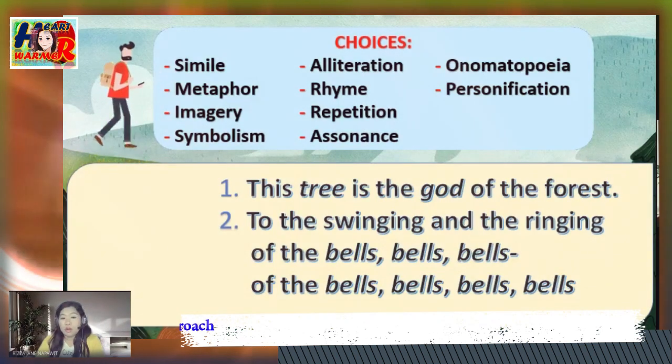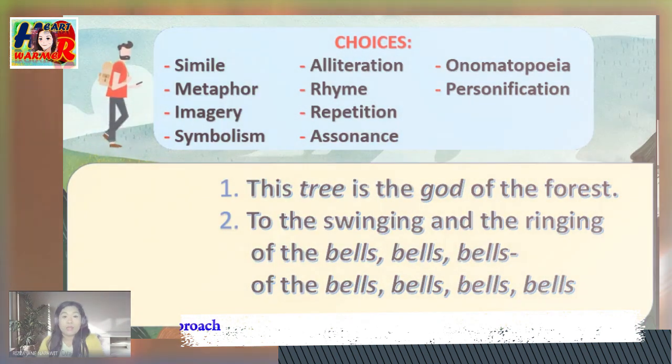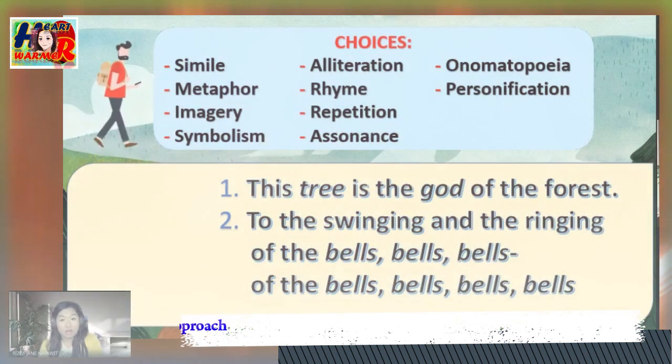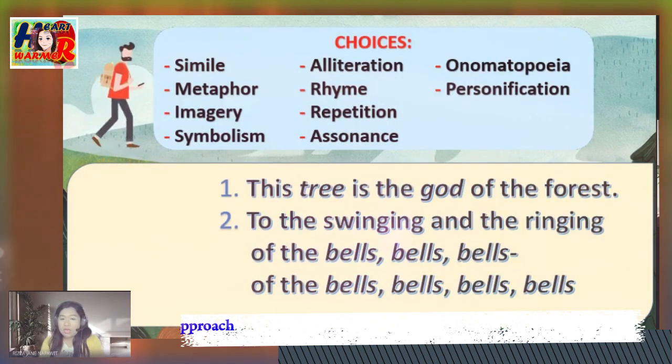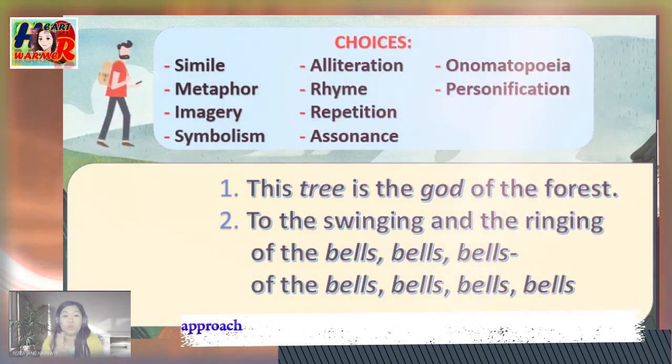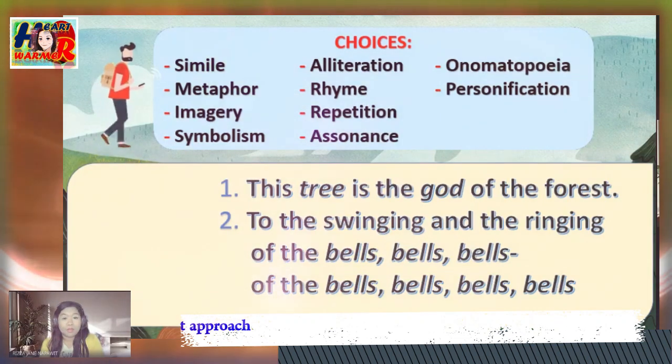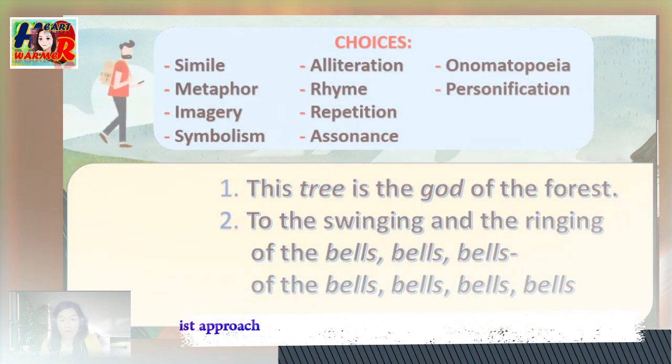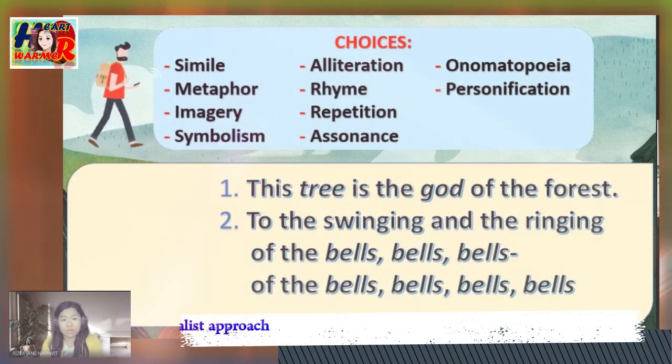Now let's start with number 1. This tree is the god of the forest. If you notice, there are two words being compared: tree and the god of the forest.